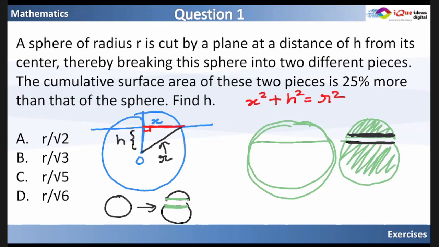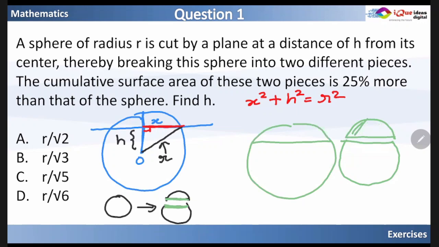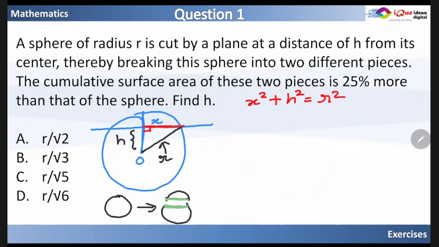Okay, so can I say that the two circles of the same radius will have a total area of 2 times pi x square? So the new extra area is 2 times pi x square. What is this x?